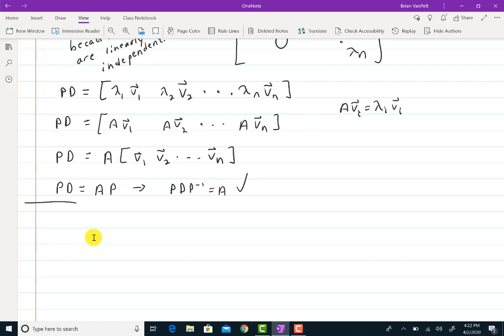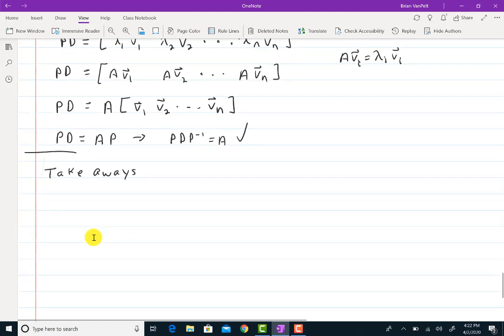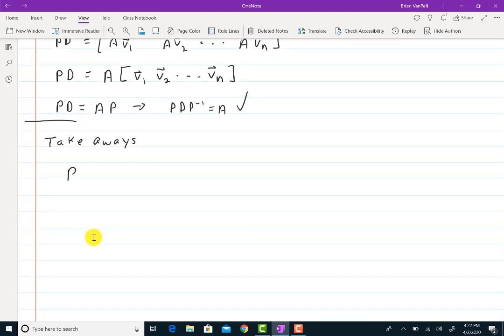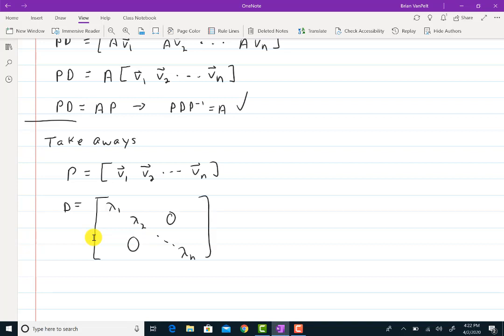Some of the things that you want to take away from this. Notice that P is a matrix of eigenvectors. And that D was a matrix of eigenvalues. But it was not only that, it's a diagonal matrix.